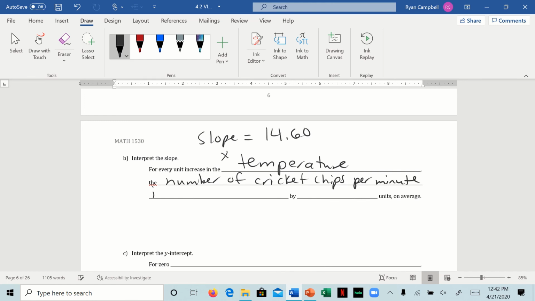It's positive, so it increases by about 15. All right, you can write 14.6, that's totally fine too, but if we're talking about a number, right, that would just be about 15.